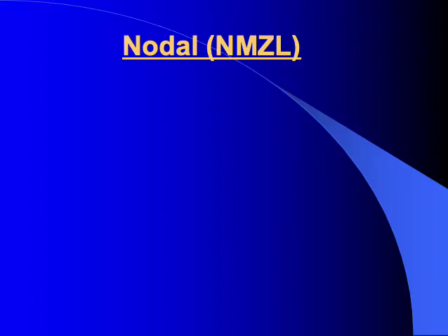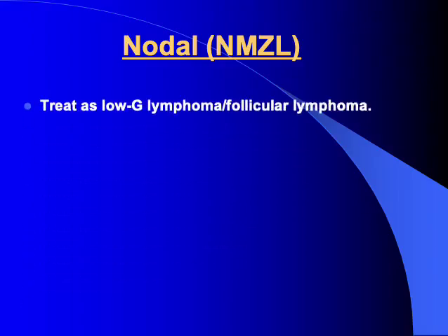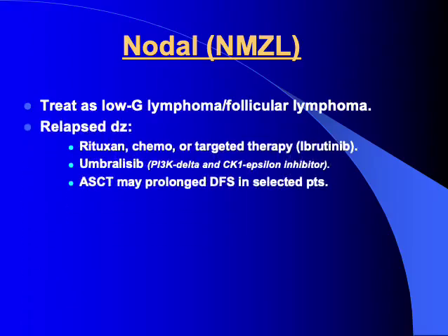Let us discuss treatment of some of those lymphomas. The nodal marginal zone lymphoma is treated very similar to the other low-grade lymphoma or follicular lymphoma. Basically with immune therapy with or without chemotherapy or observation.